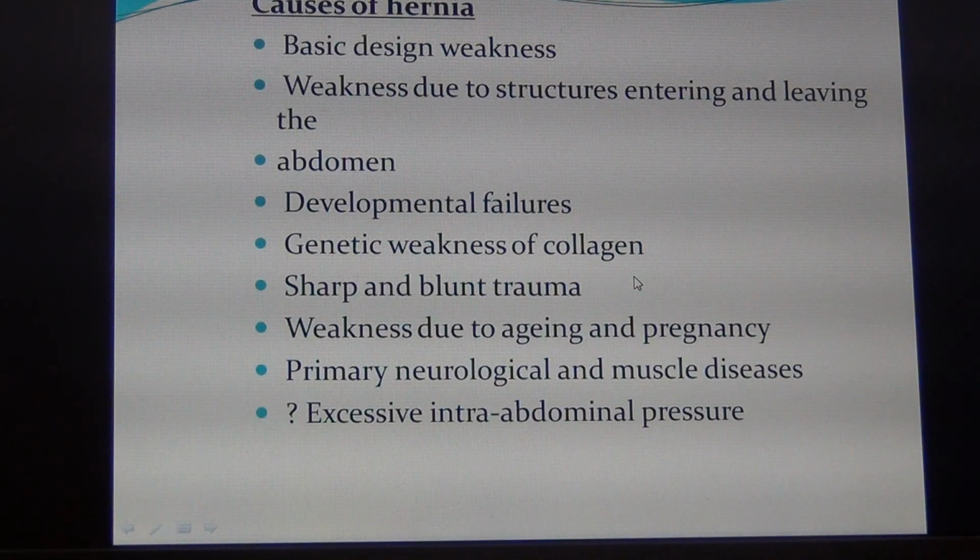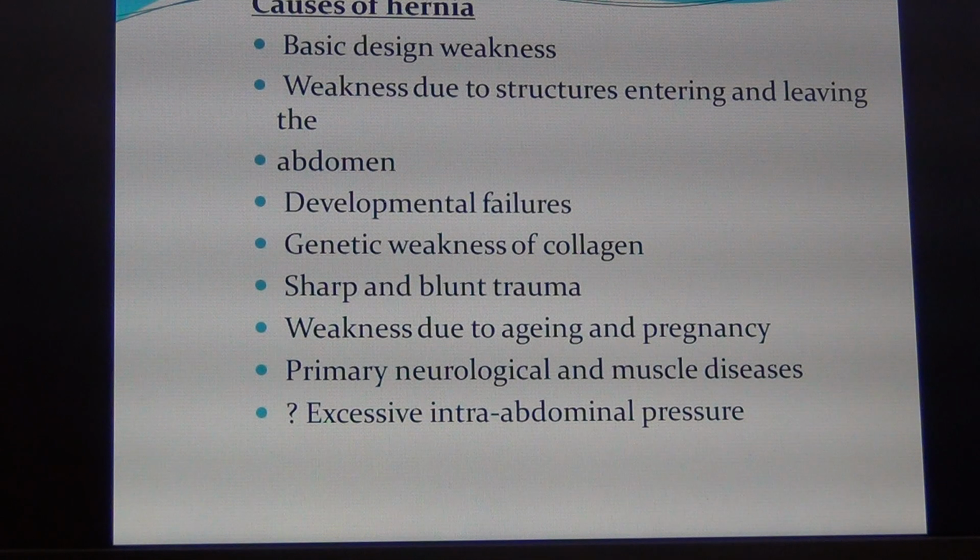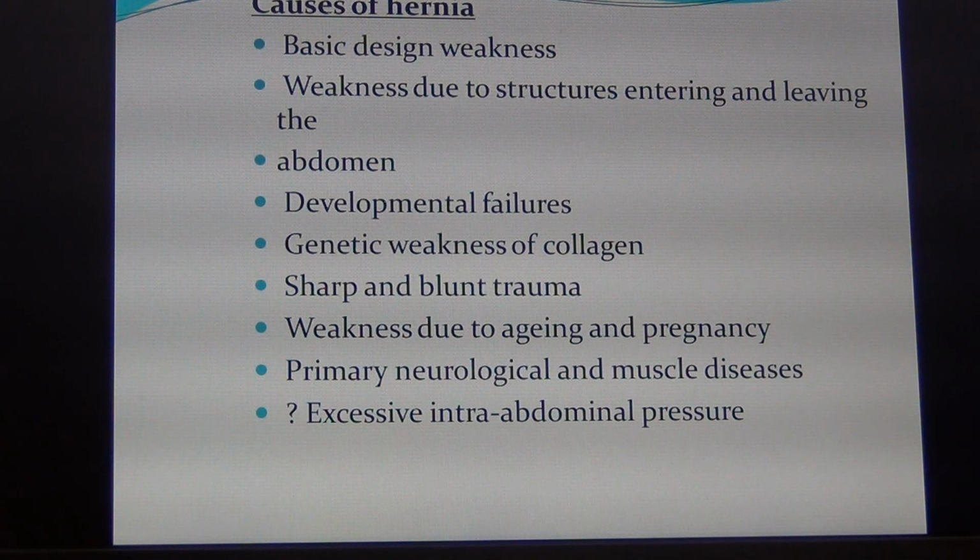Causes of hernia, as we discussed: basic design weakness, that is, weakness in the anatomy of the abdominal wall. Weakness due to structures entering and leaving the abdomen. Developmental failures, for example, undescended testes.